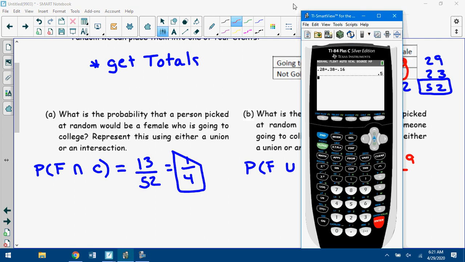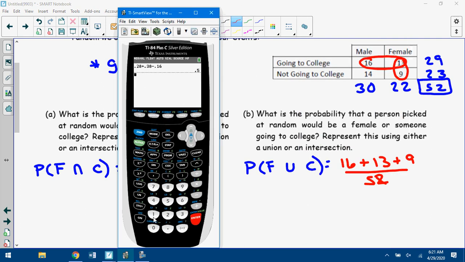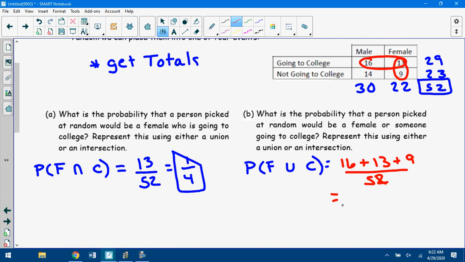And what's that come out to be? 16 plus 13 plus 9, I'm going to get 38 out of 52, which is 19 out of 26.